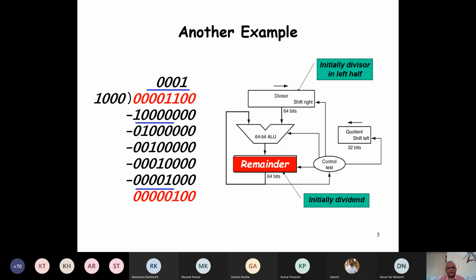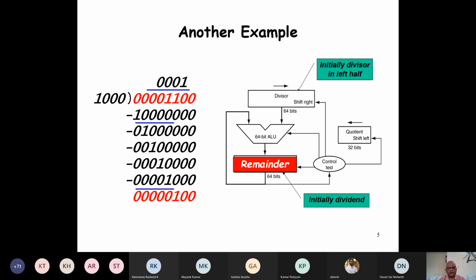I have not shown all the steps here. We again subtract from the dividend. Again got a negative number. Again restore back by performing addition. And again shift the divisor right, and so on.